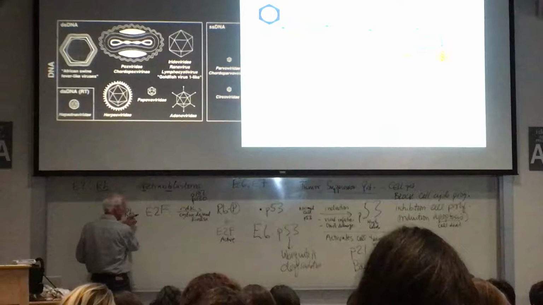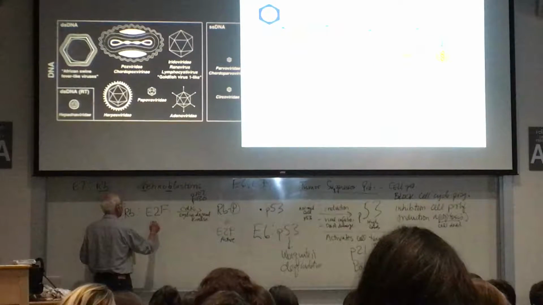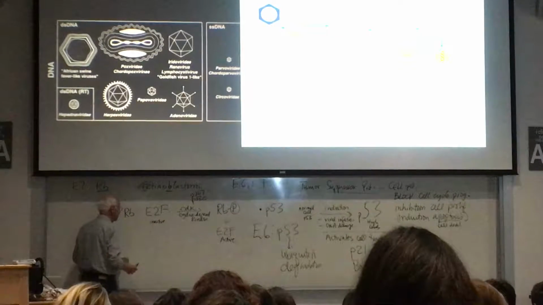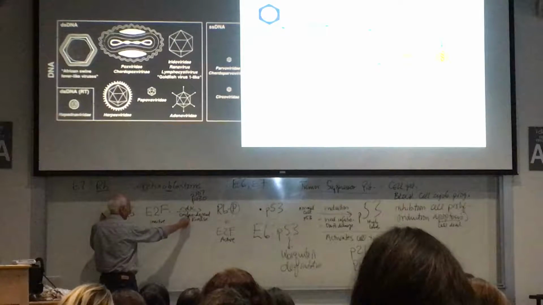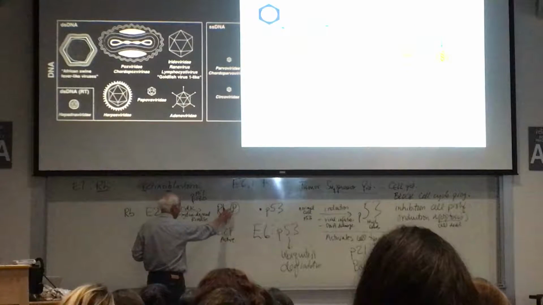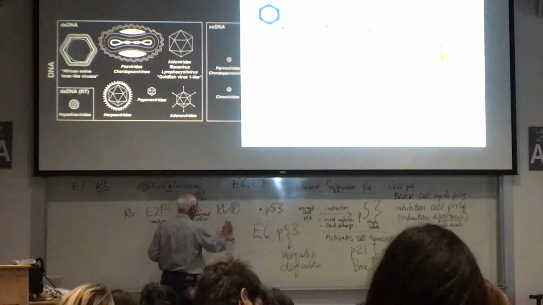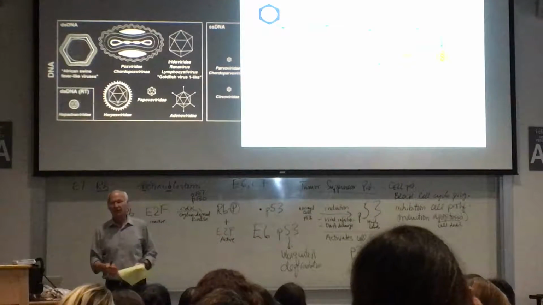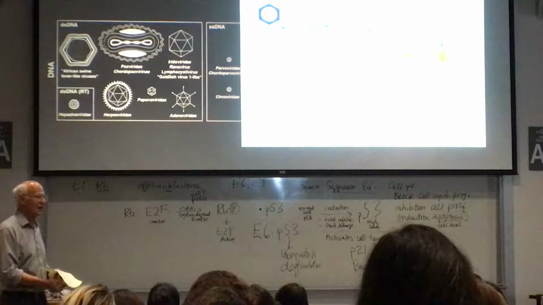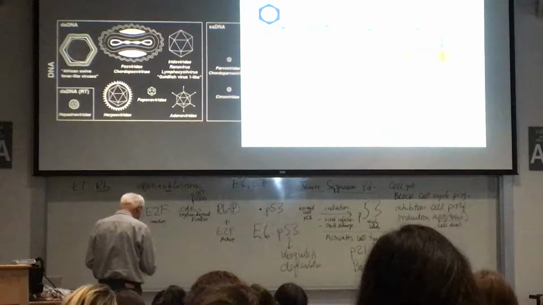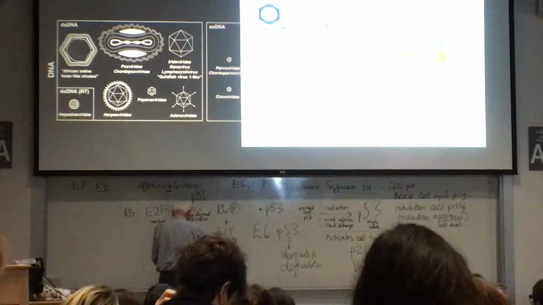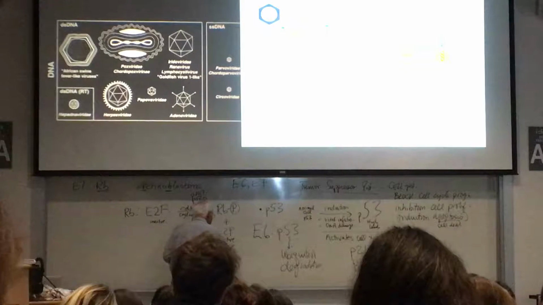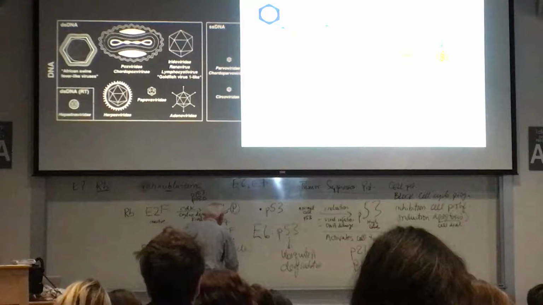When E2F is bound to RB, it's inactive. It can't function as a transcription factor. But when you have activation of the kinase that phosphorylates RB, then that frees up E2F that functions as a transcription factor in the animal cell. And so when this is active, then you have cell cycle progression.